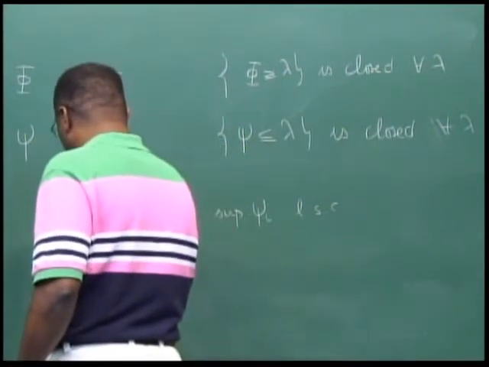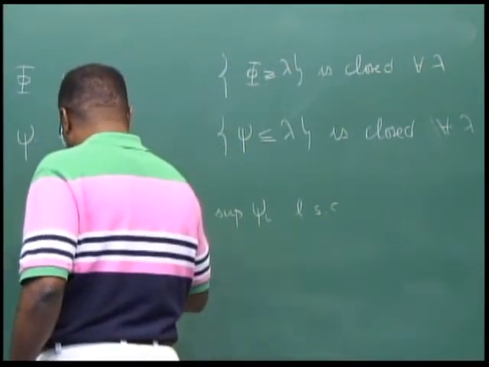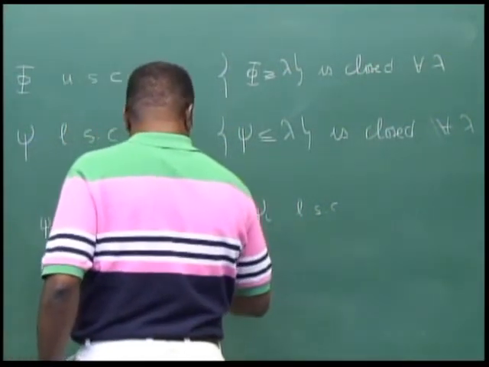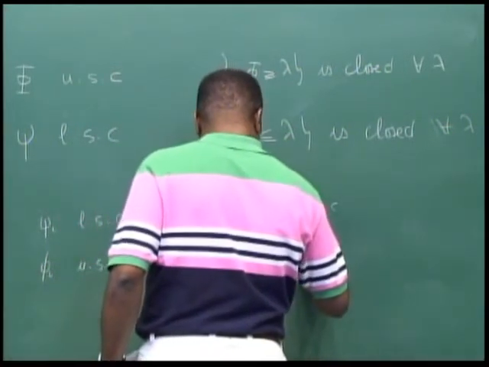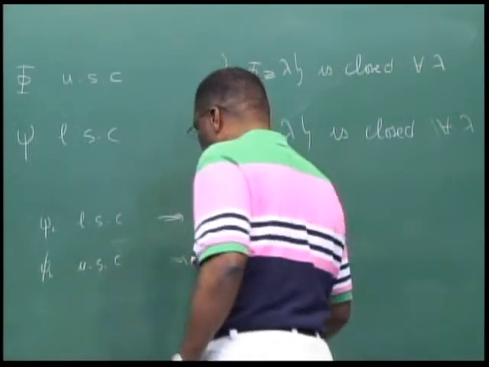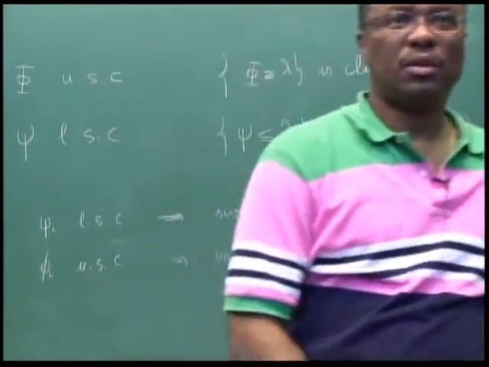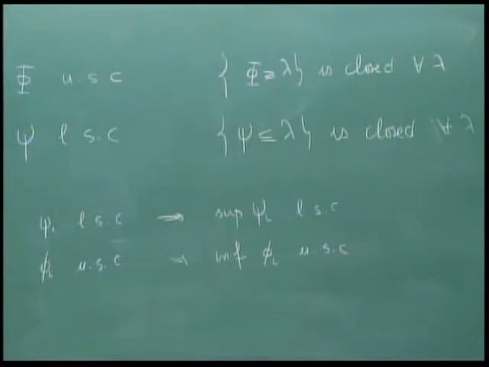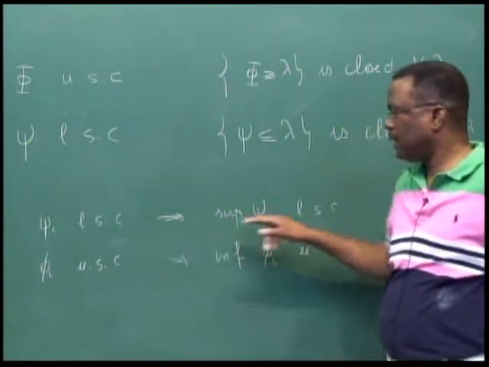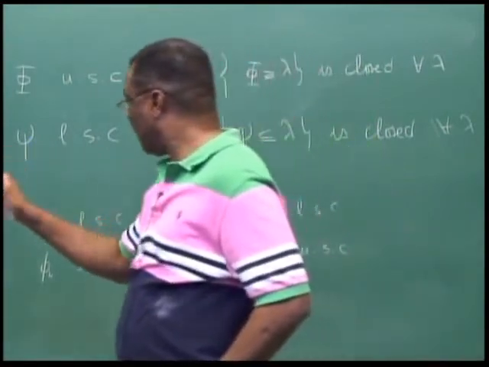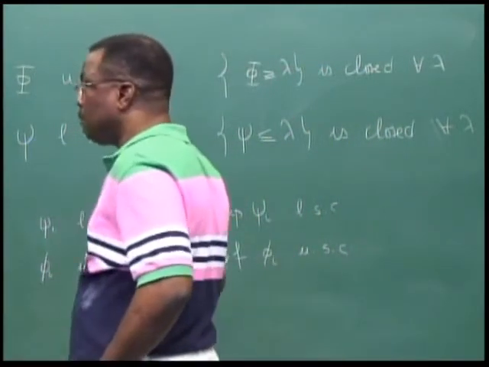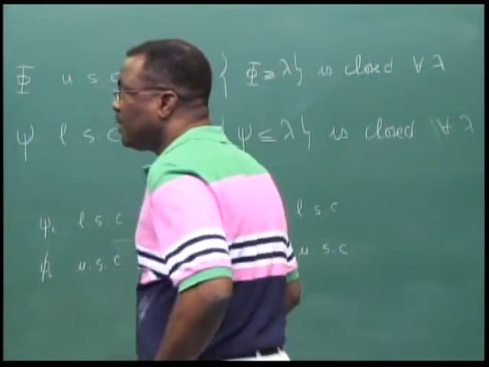This is equivalent to say that if psi i are upper semi-continuous, then the infimum of phi i is upper semi-continuous. So I am asking why this implies that.